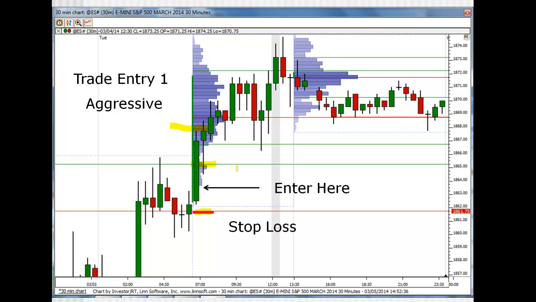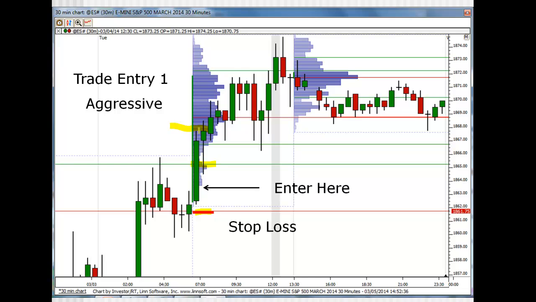So a lot of that is the timing of when you enter the trade. If you enter aggressively, you may have to keep a fairly wide stop loss. If you enter a little bit more conservatively, once this candle has formed, you have a much tighter stop loss, if you will.